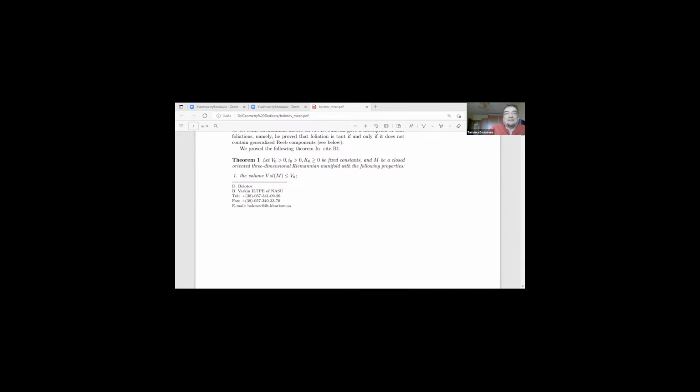Let these constants be positive, and K0 non-negative. And let M be a closed oriented three-dimensional Riemannian manifold with the following properties. First, the sectional curvature is bounded above by the constant K0.